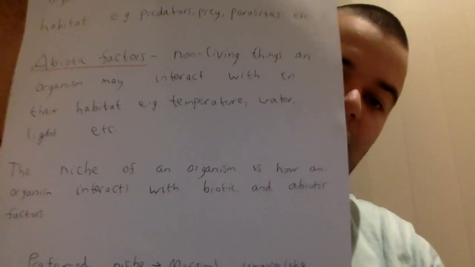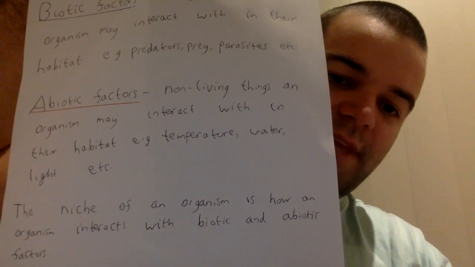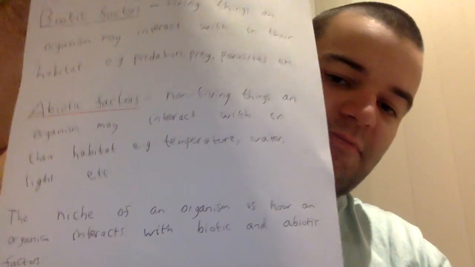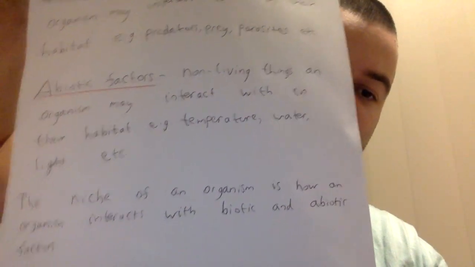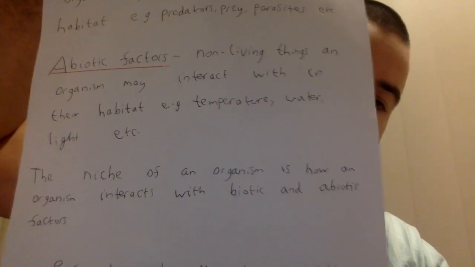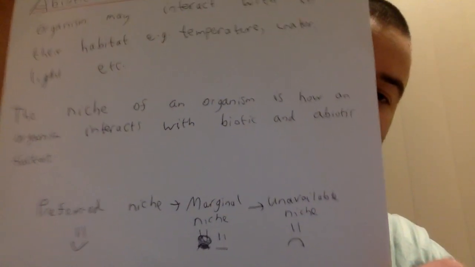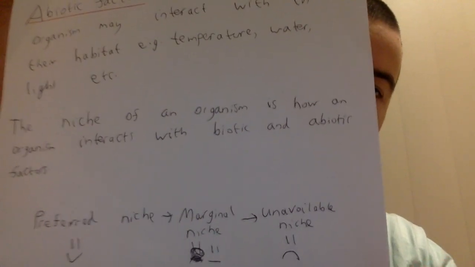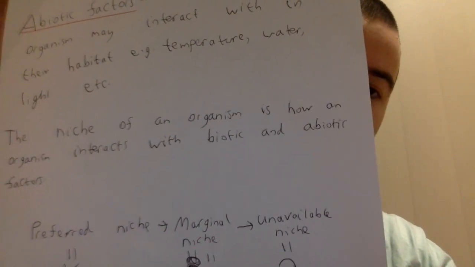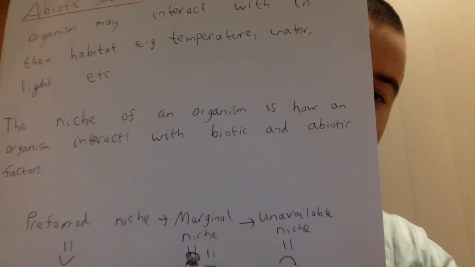And what we refer to as the ecological niche of an organism is the way that it interacts with biotic and abiotic factors. So how it fits into the surroundings around it is what we call the ecological niche. And just put there, the preferred niche is when it has a good level of interaction with the biotic things, and a good range of tolerances for the abiotic things.